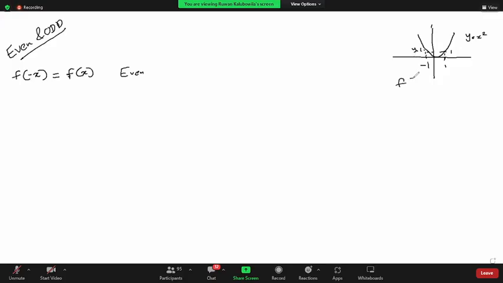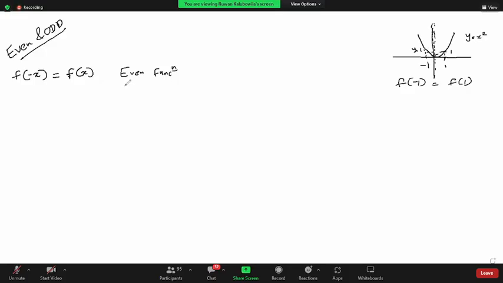That means f(-1) is equal to f(1). So these kinds of functions, we can call by the special name even function. You can see something special here: the y-axis acts as a mirror. So there is a symmetry.